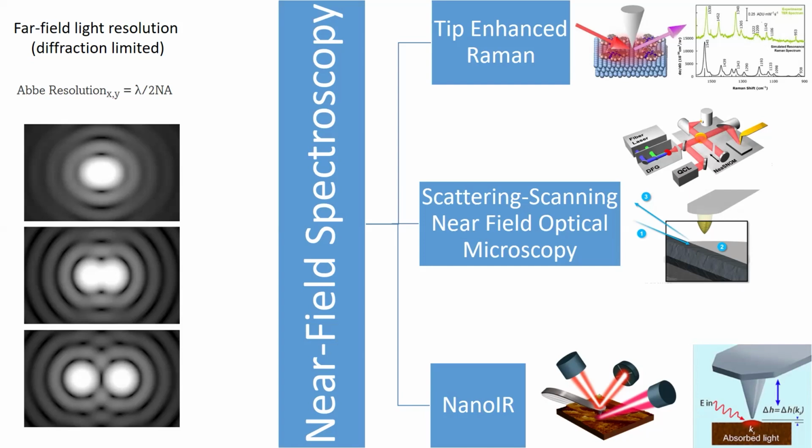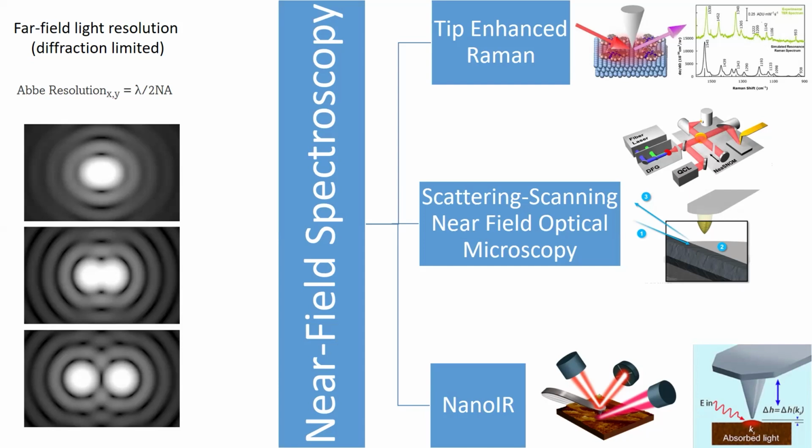We actually have all three of these tools. Tip-enhanced Raman we have in MCL. The scattering SNOM is available in another user facility in the basement, and Nano-IR is in MCL. Tip-enhanced Raman is limiting because there are only a very small subset of materials that actually work for tip-enhanced Raman.